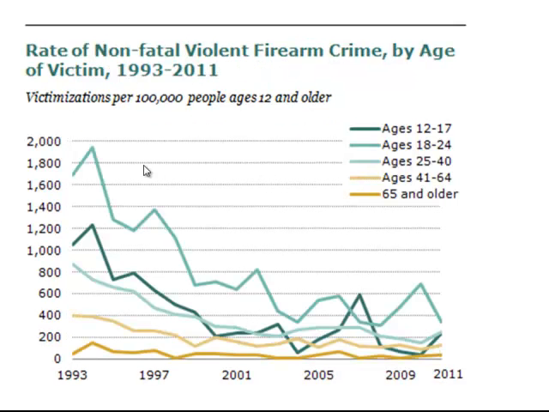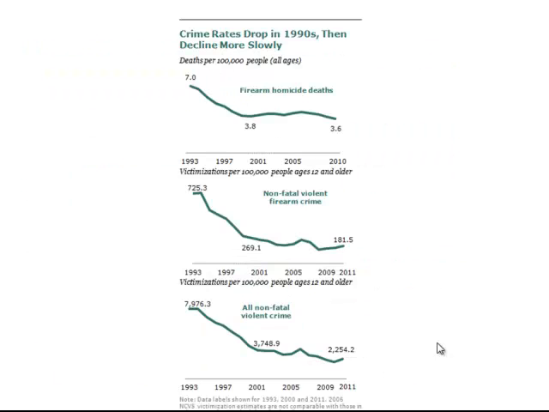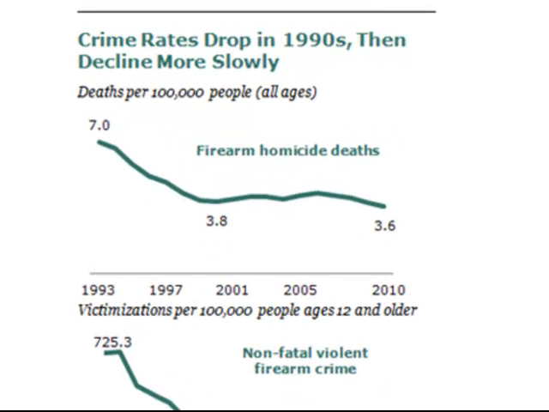This is looking at the different age groups. 18 up here, 18 to 24, 25 to 40. Look at, even this has a drop. Even these have drops. I mean, it never was very high in older people, but the younger people, the drop is tremendous.